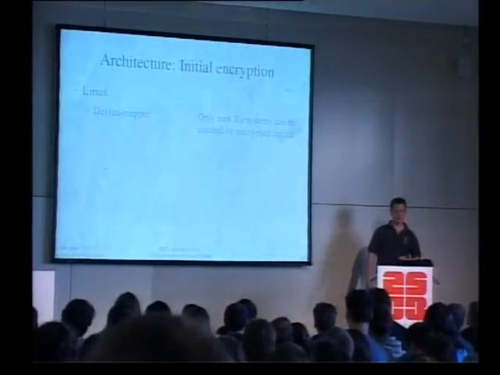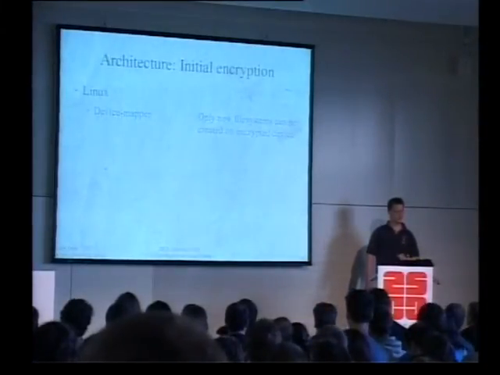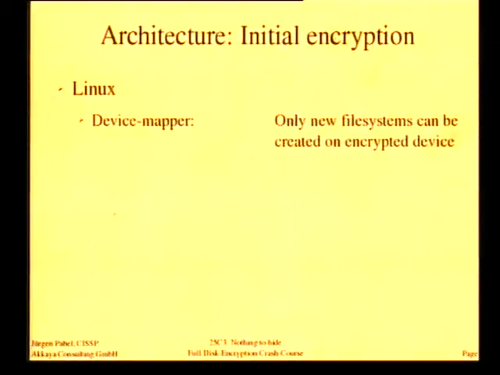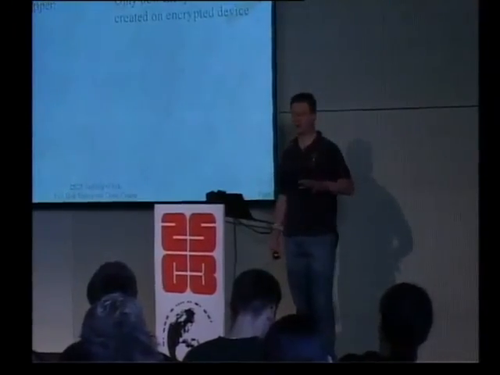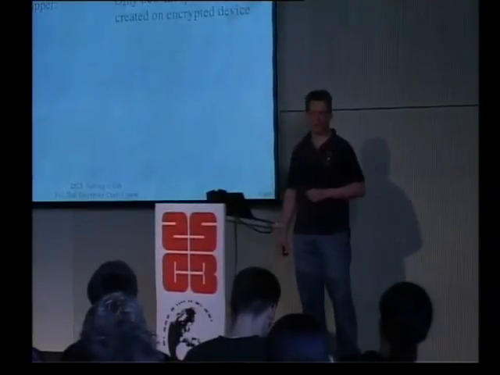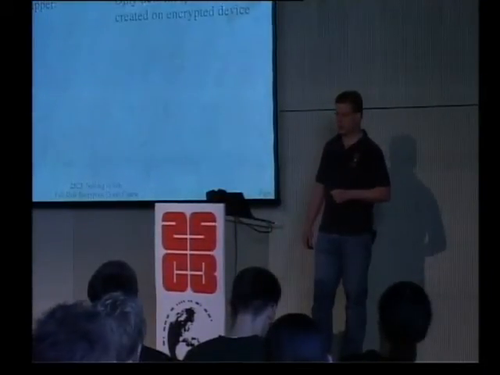So you pretty much have to set up a new file system. Of course, you can write a new file system over the device mapper onto a new disk and copy your files over. There are several workarounds, but you cannot just tweak some configuration and then your system will be encrypted after a while.